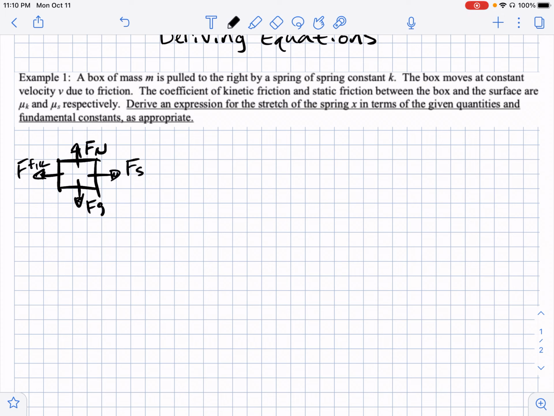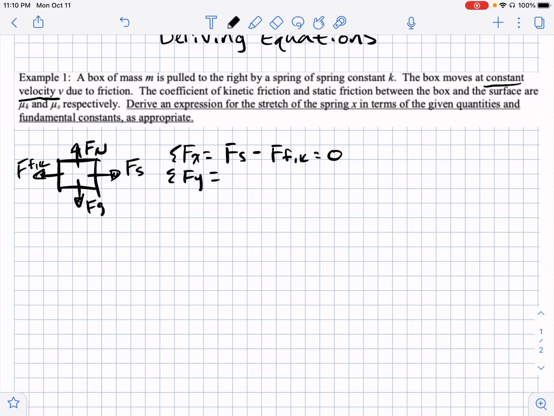I'm going to underline the words constant velocity. Constant velocity means we have balanced forces. So let's make our net force equations: the net force in the x, and the net force in the y. In the x direction, we have the force of the spring minus the kinetic friction, and that equals 0 because of that constant velocity.